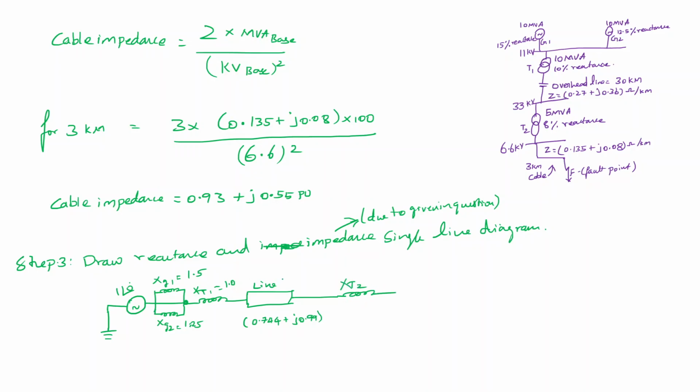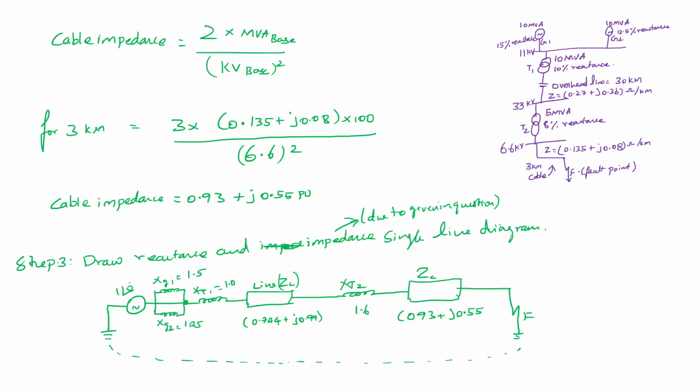This is ZL, and this value is 1.6. And for the cable I'll write ZC. This value is 0.93 plus j 0.55, and here the fault occurs, F. So this is the single line impedance or reactance diagram.